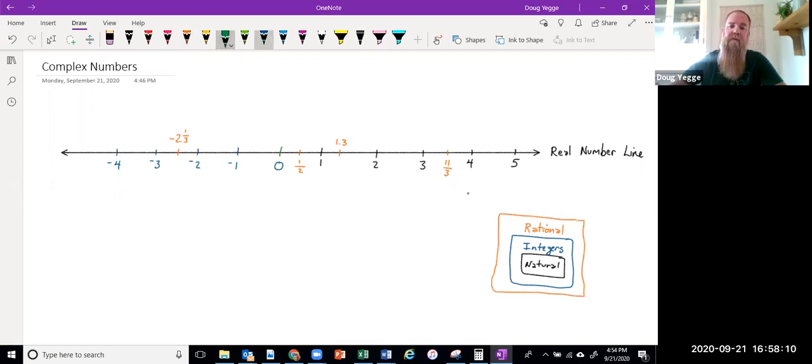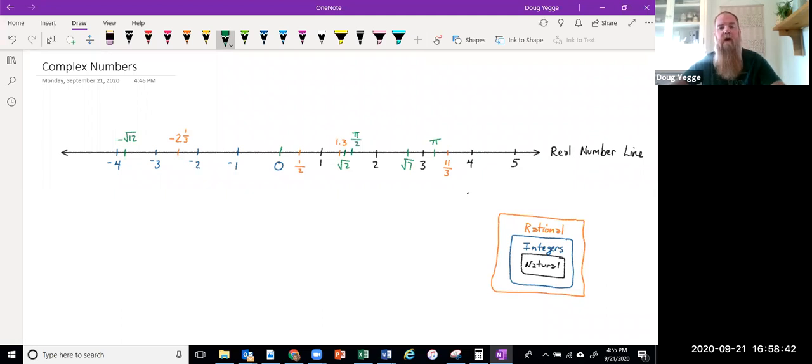But then we have some numbers that we started to deal with, especially more in trigonometry. For instance, the square root of 2, or the square root of 7, or the negative square root of 12, or pi, or pi/2.